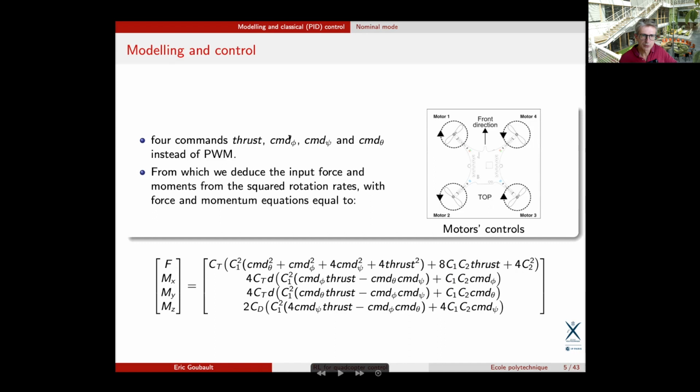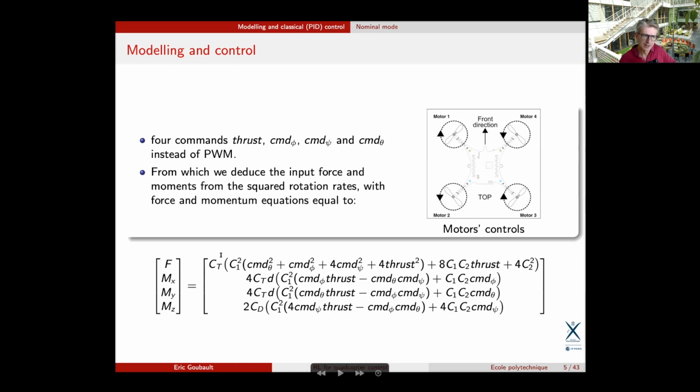So just to understand what they are really, common phi for the roll, it's a combination of plus the PWMs on motor 1 and motor 2 minus the PWMs on motor 4 and motor 3. So it's looking at the difference between left and right thrust so that you see how the roll rate can be controlled through common phi.